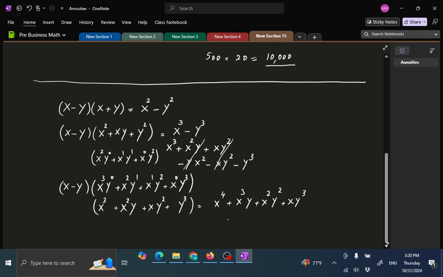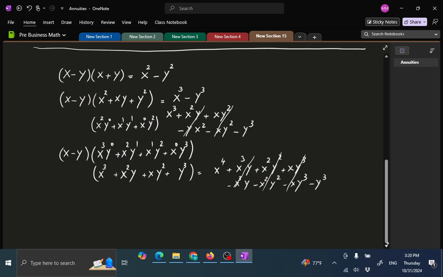So it's going to be minus x^3 y, times this one is going to be x^2 y^2, times this one, x y^3, and times the last one is minus y cubed. You notice that these cancel, magically cancel. We have a so-called telescoping cancellation, and out comes what? Out comes x to the power of 4 minus y to the power of 4.